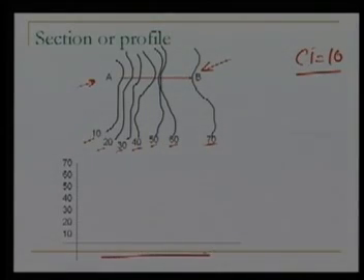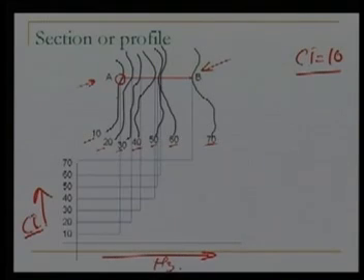This is the horizontal distance, and this is the contour value. Now for point A, horizontally this point is here, while the elevation of this point is 10. So this point is located here.